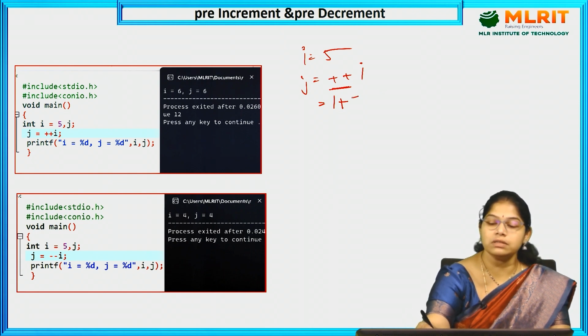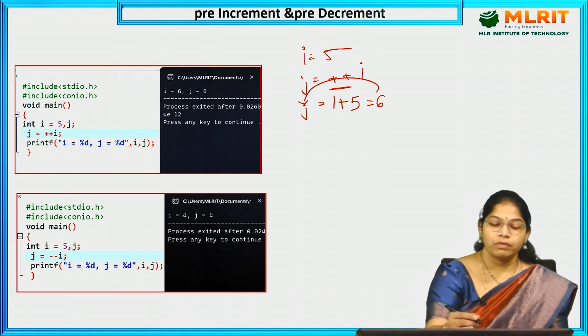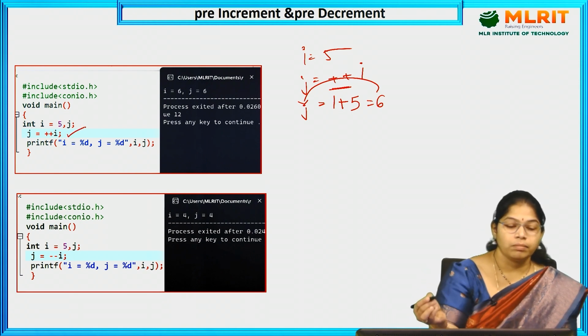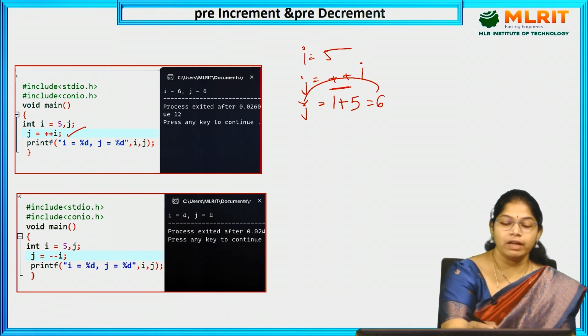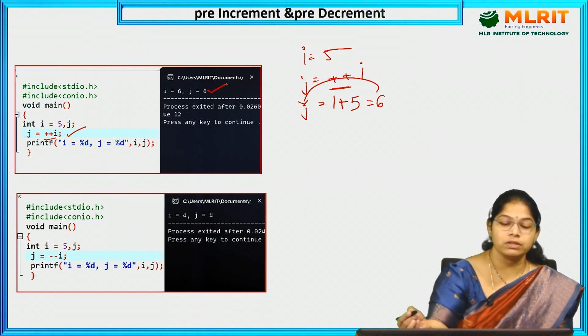Existing value is I, where I value is 5. So it is 6. So this is assigned to the variable j. Pre-increment means plus 1 to the existing value 5, so the j value is 6.